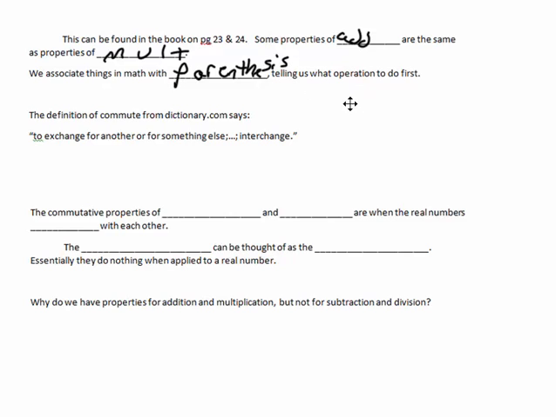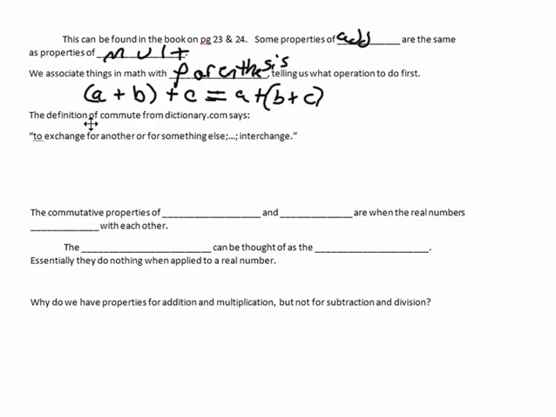And that tells us what operation to do first. And that helps whenever we look at the associative property. We know that the associative property changes those parentheses. And this still should give us the same answer.